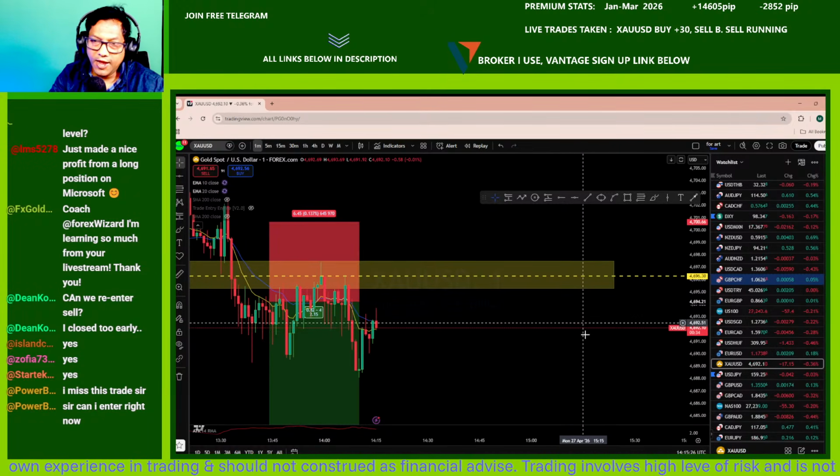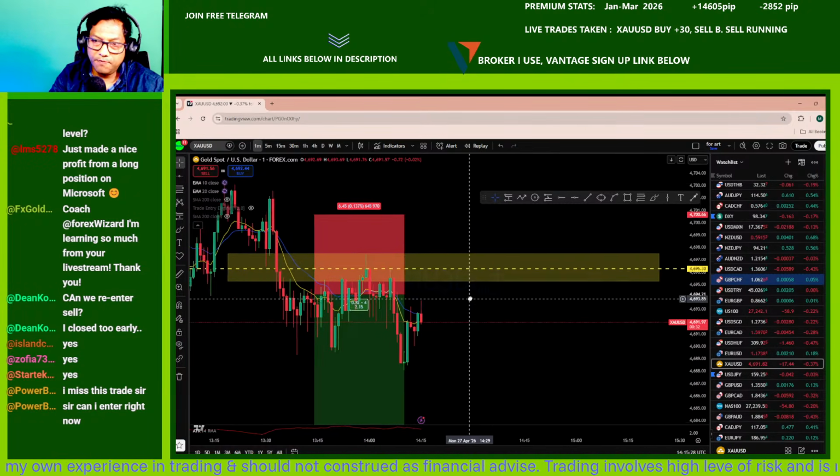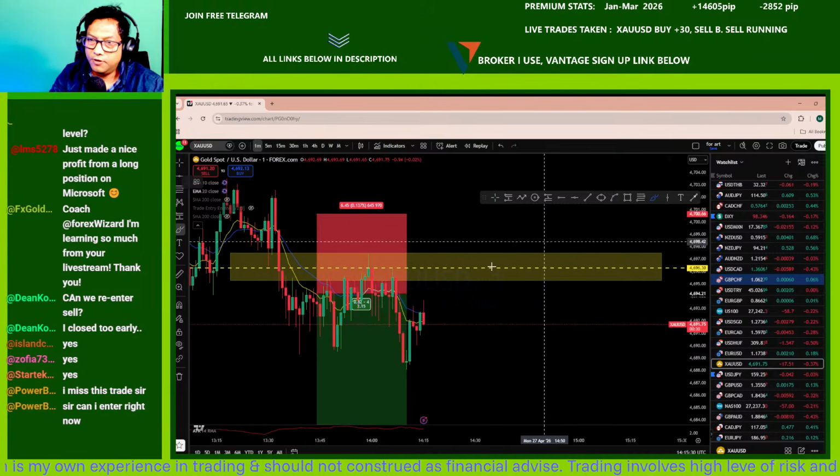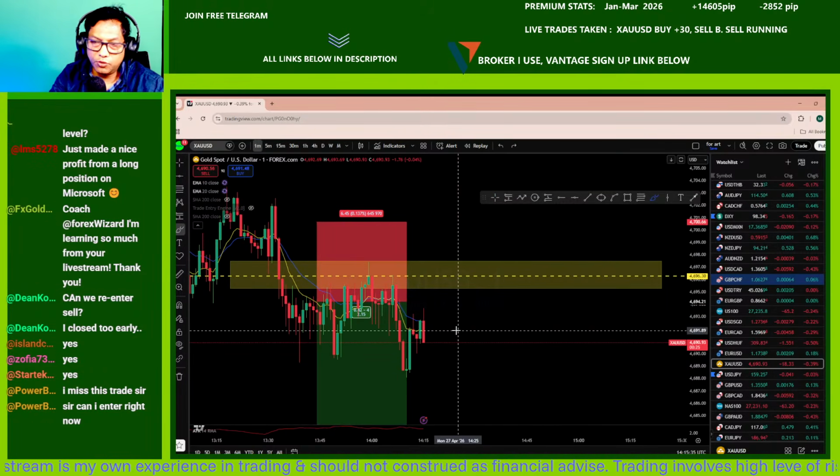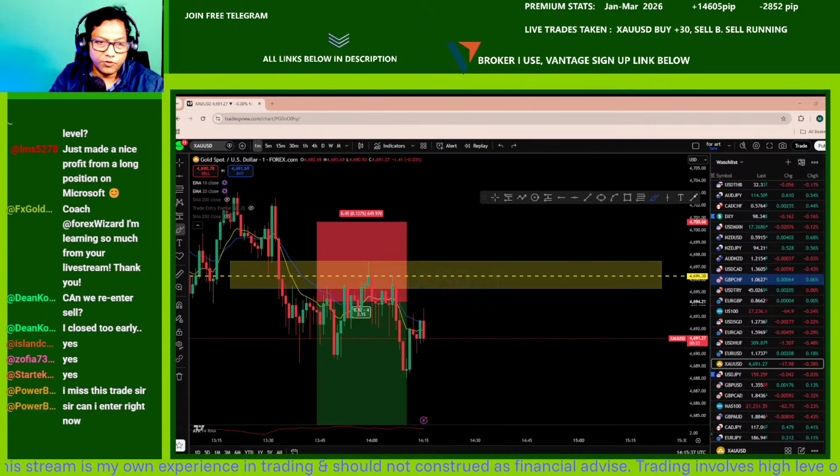You're looking at this level with a bigger bearish engulfer. This drop can create potentially selling pressure, not for us, for the sellers.